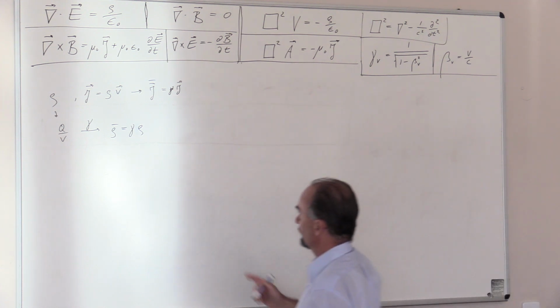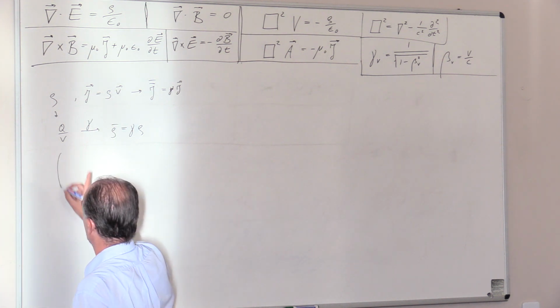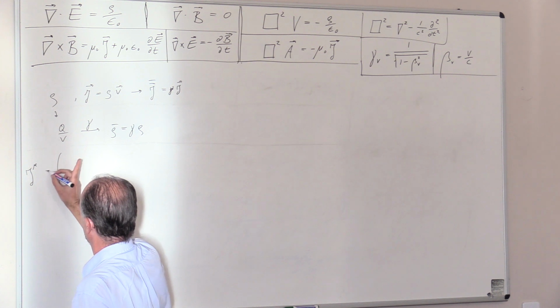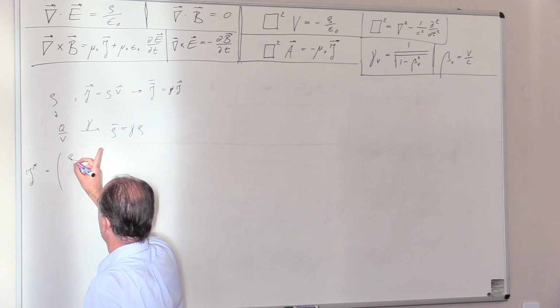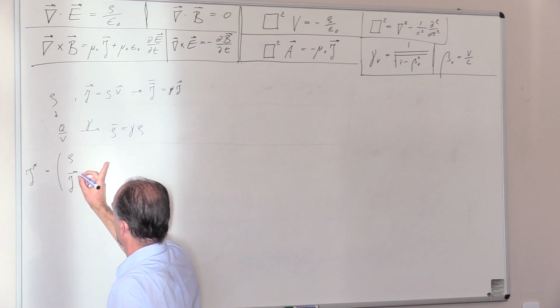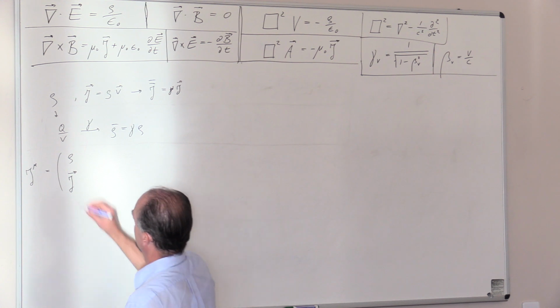So as a generalization, if we write a 4-vector J mu, we can write the charge in the time component and J down here, something like that.